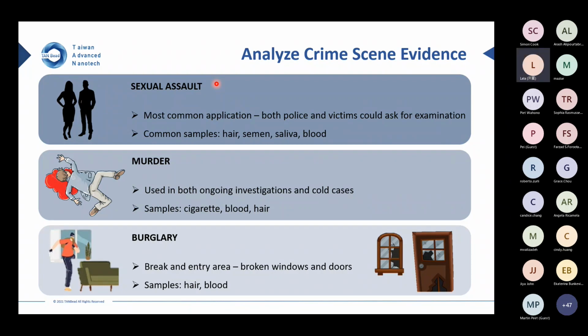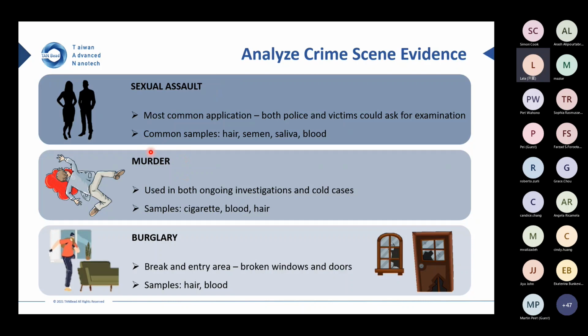You might Google rape kit or sexual assault evidence kit, and it will refer to a series of hospital or police examinations that a victim can go through in order to collect evidence of sexual assault, such as hair, semen, saliva, or blood, and they will compile it into this box, the rape kit box, and then the police will send this to the forensics for further analysis before finally delivering judgment.